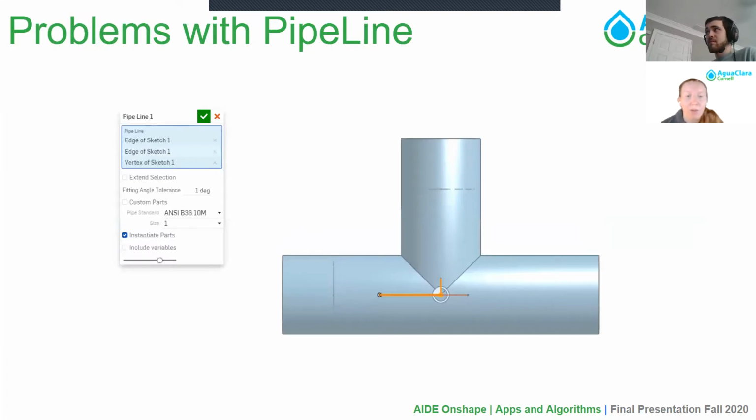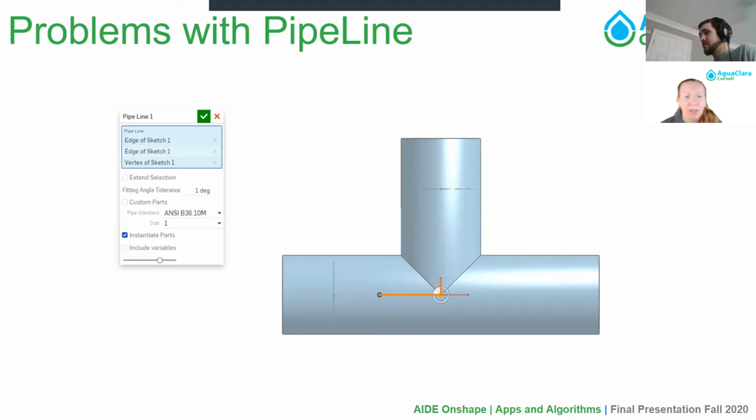At the end of October, the AIDE team started to notice a lot of issues with Pipeline. Some of the issues are that Pipeline is slow for large file sizes. This means that a lot of our main functions were taking a long time to load. It's hard and tedious to create well-documented functions in Pipeline. It is also hard to test functions across different documents.